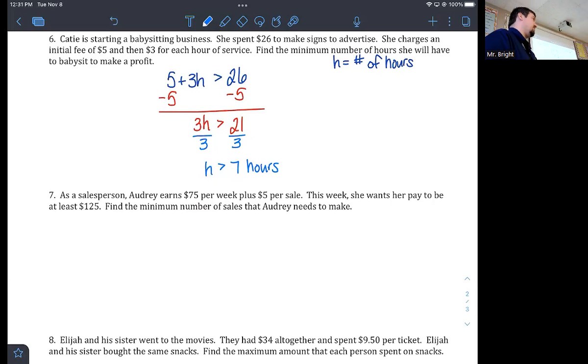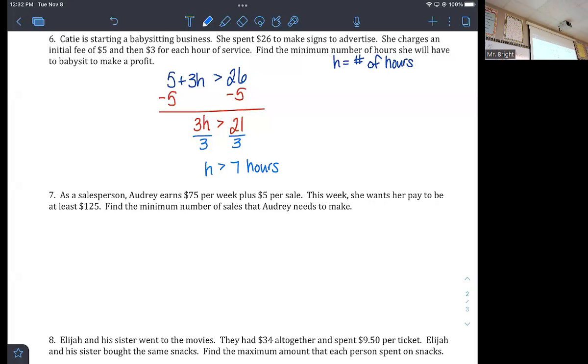Maybe they can do T1 through 4, they should be able to do. You need me for a second? Okay.